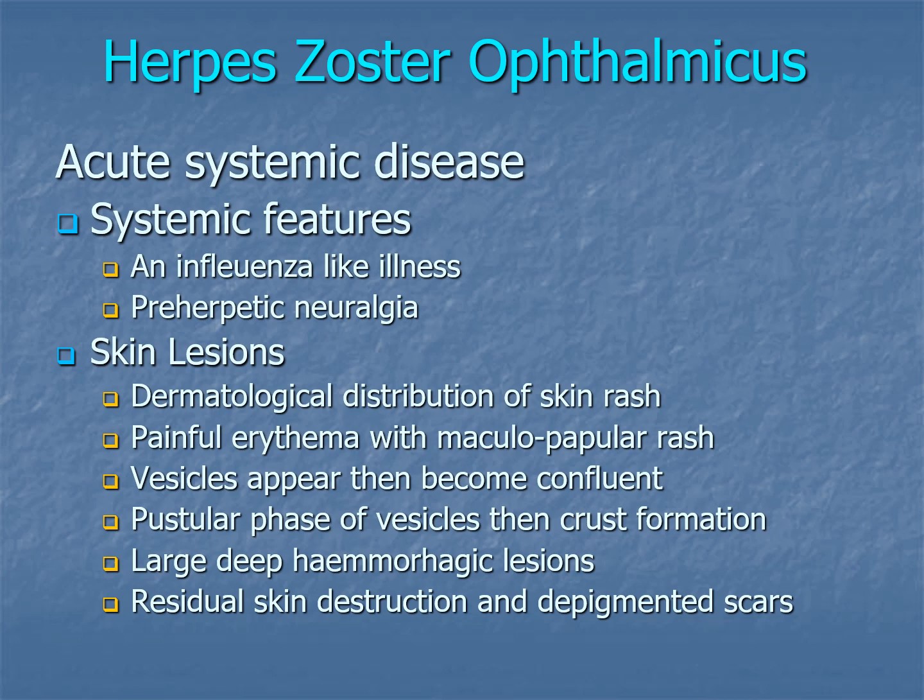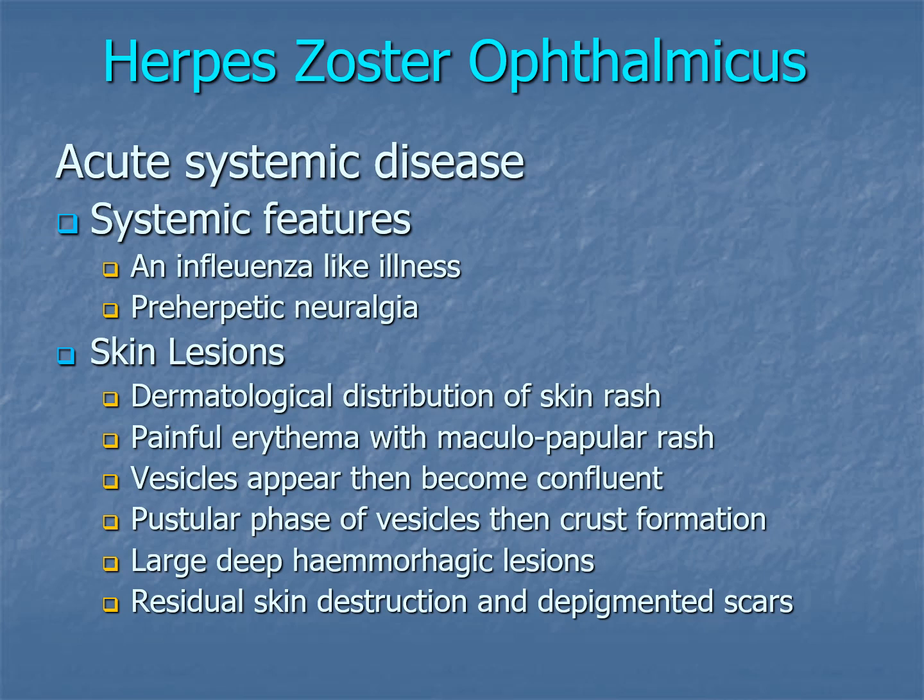When you examine the patient, you may find the skin rash in the distribution of the ophthalmic nerve. Painful erythema with maculopapular rash, and then vesicles appear in the distribution of the ophthalmic nerve.